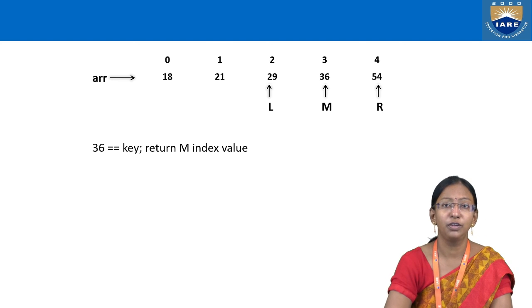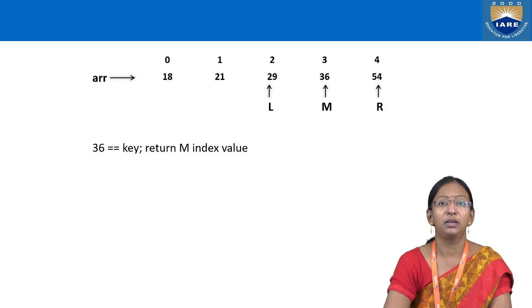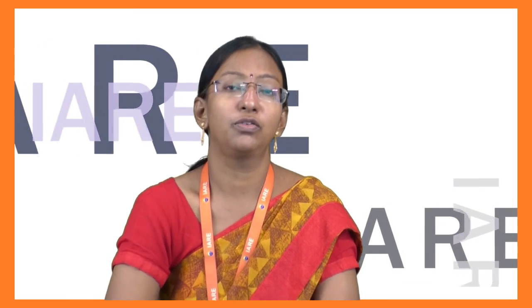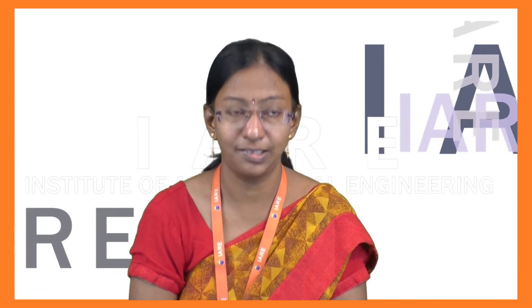This is how you are going to implement binary search. Always at each and every level, you are going to break the list into 2 halves. Either the right pointer is going to move or the left pointer is going to move, thereby reducing the current list into half at each and every step.